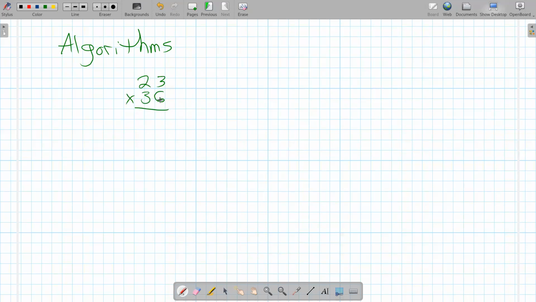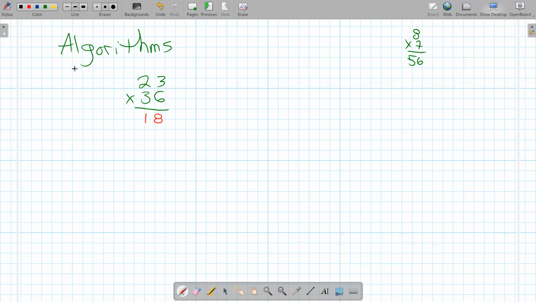Now, before kids get to double digits, they've done a ton of things like 8 times 7 is 56, and they're used to doing that. And so some kids, when they first get to this, are going to do things like 3 times 6 is 18. Right? We want them to put the 1 up there, and they can remember doing that from addition, but then they're going to have to carry stuff from these other rows, and that gets kind of tricky.